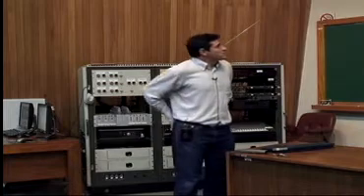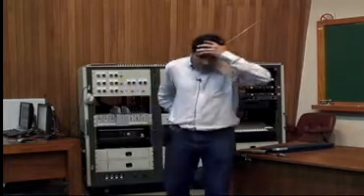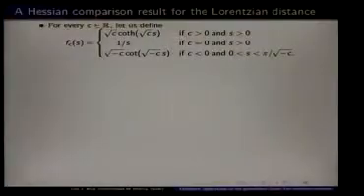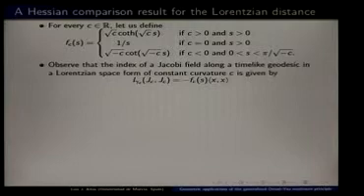Well, first we need to establish the corresponding Hessian and Laplacian comparison results for the Lorentzian distance, and we can do it, not a hard work, but first we need to introduce these functions Fc of s, which are the comparison functions in the Lorentzian case.